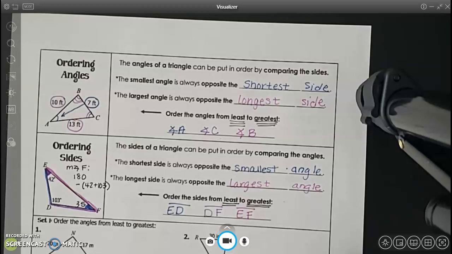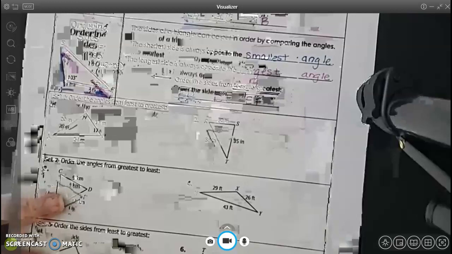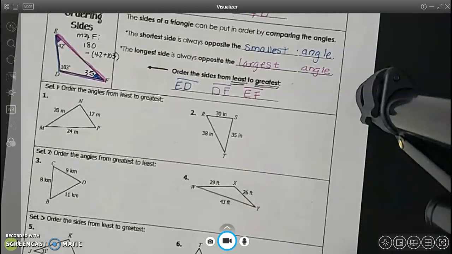Step 1 says to order the angles from least to greatest. Again, we want to look for the smallest side, and the angle opposite the smallest side will be the smallest angle. For number 1 here, the smallest side is MP, so the smallest angle will be opposite that.